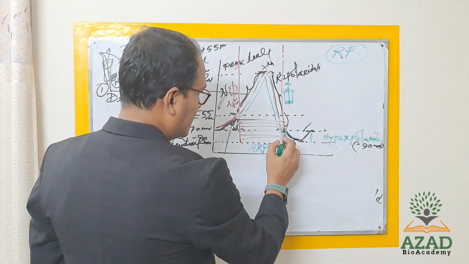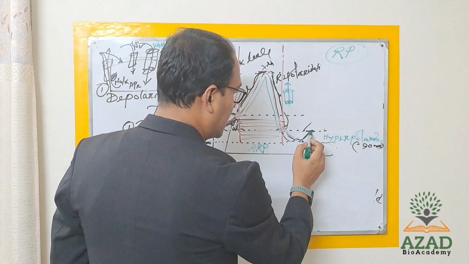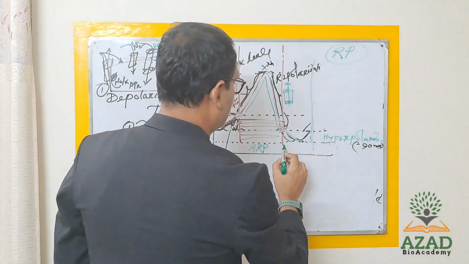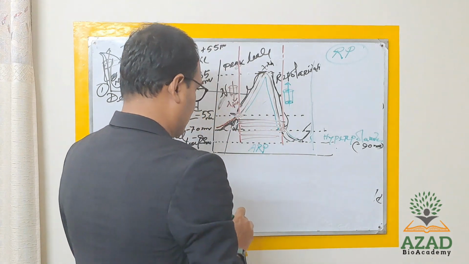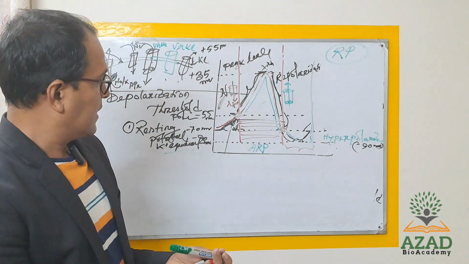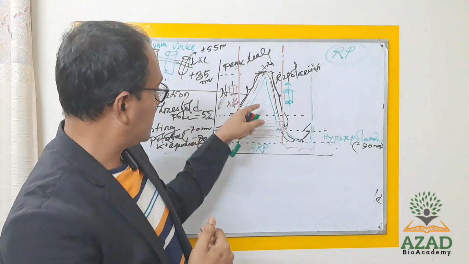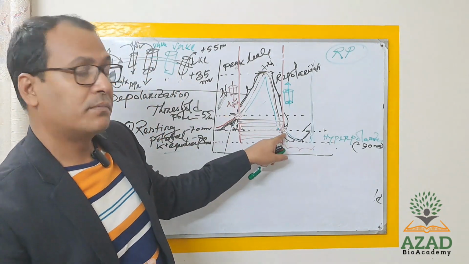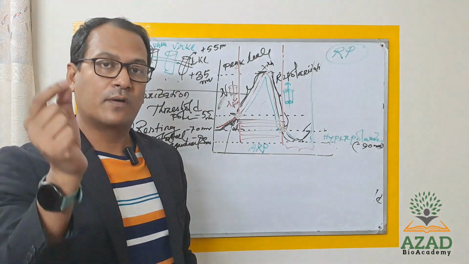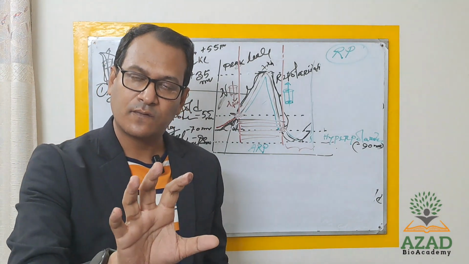And from below the resting membrane, that is the hyperpolarized state, to the next part, in this region, when the potential goes beyond, below the resting potential, at that time if you apply a second stimulus, in general it will not give any further response.